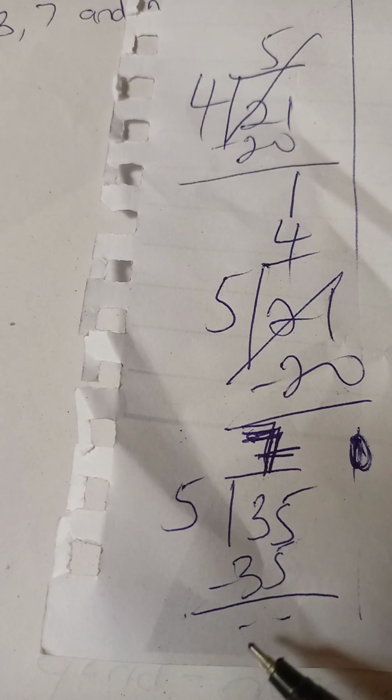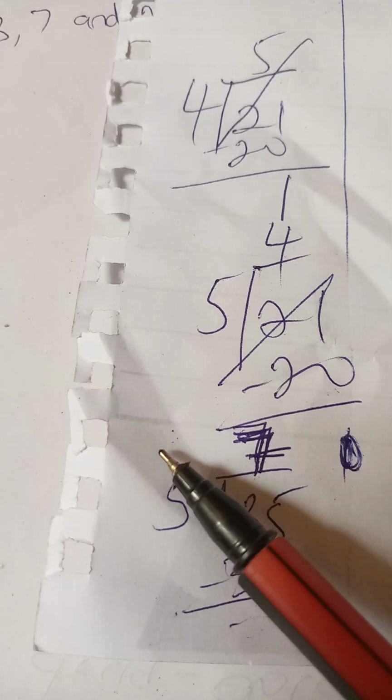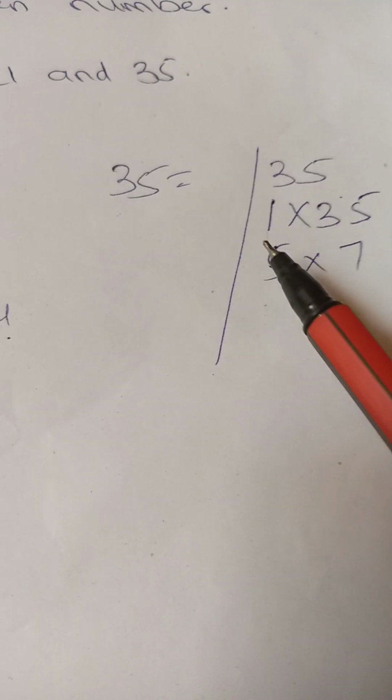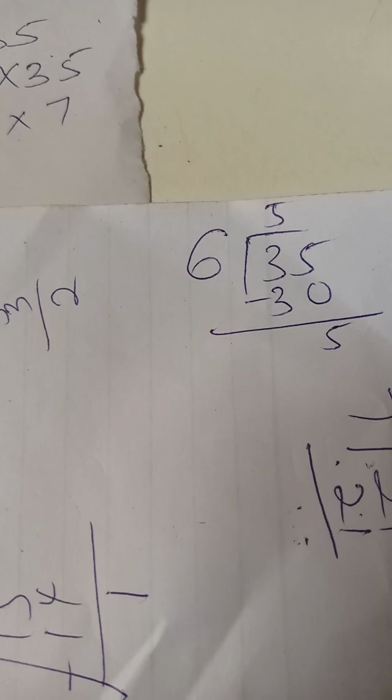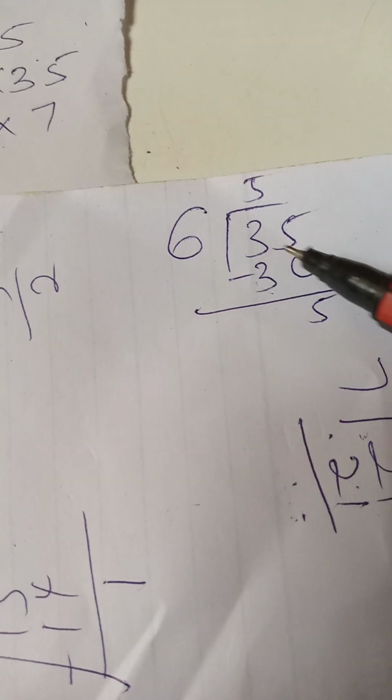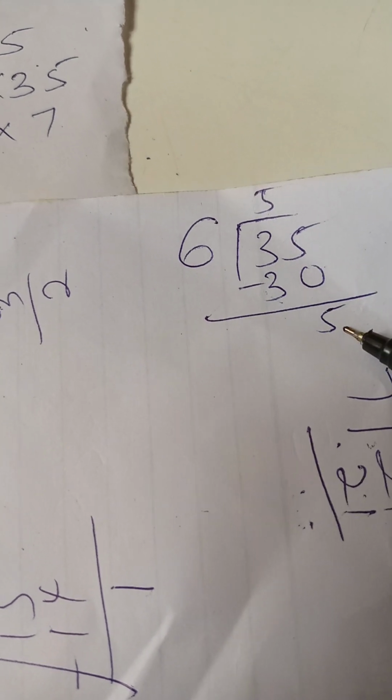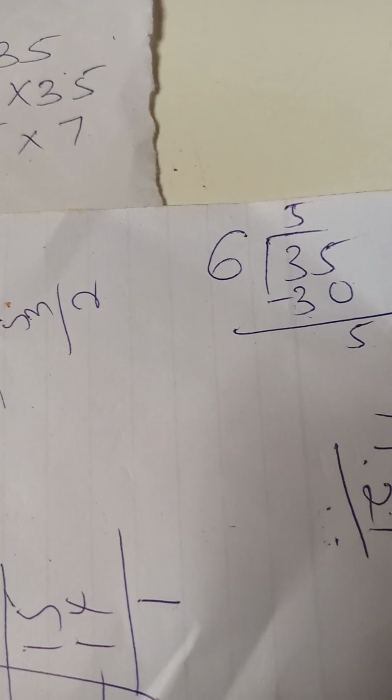Here, 5 is a factor of 35 because it divides through without remaining. So I'll write my 5 times 7 down. After writing 5 times 7, I'll go to the next number, which is 6. Here, it is seen that 6 is not a factor of 35 because it has a remainder. I'll try the next number, which is 7.